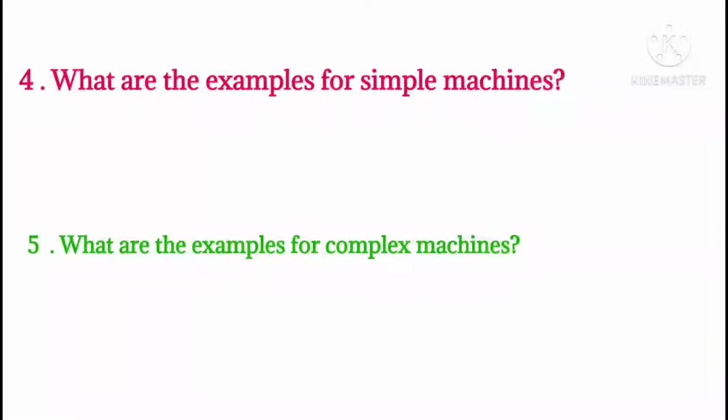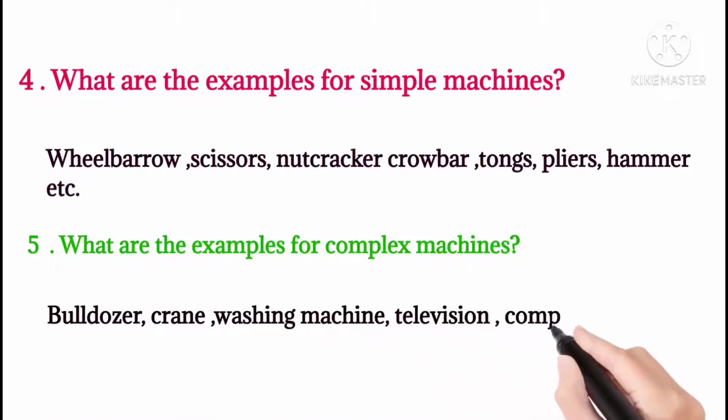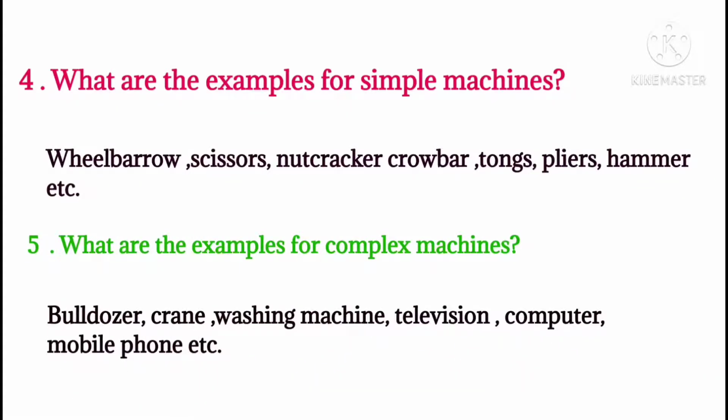Examples for simple machines are the hammer, scissors, wheelbarrow, nutcracker, crowbar, tongs, pliers, etc. What are the examples for complex machines? Examples: bulldozer, escalator, crane, washing machine, television, computer, mobile phone, bicycle, cars, etc.